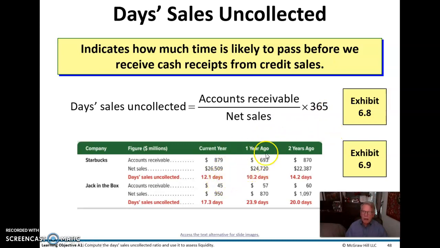And so that gives us the days uncollected. We obviously want that to be as low as possible. And in both Starbucks and Jack in the Box's case, that is a pretty good number. They've done a pretty good job of collecting their accounts receivable. So, a measure of liquidity.